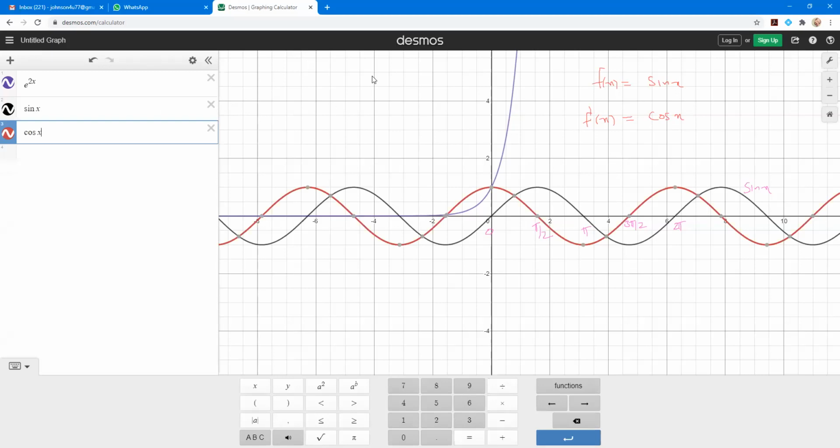So f of x is equal to sin x, we found f dash x is equal to cos x. So cos x is positive when x belongs to 0 to pi by 2.